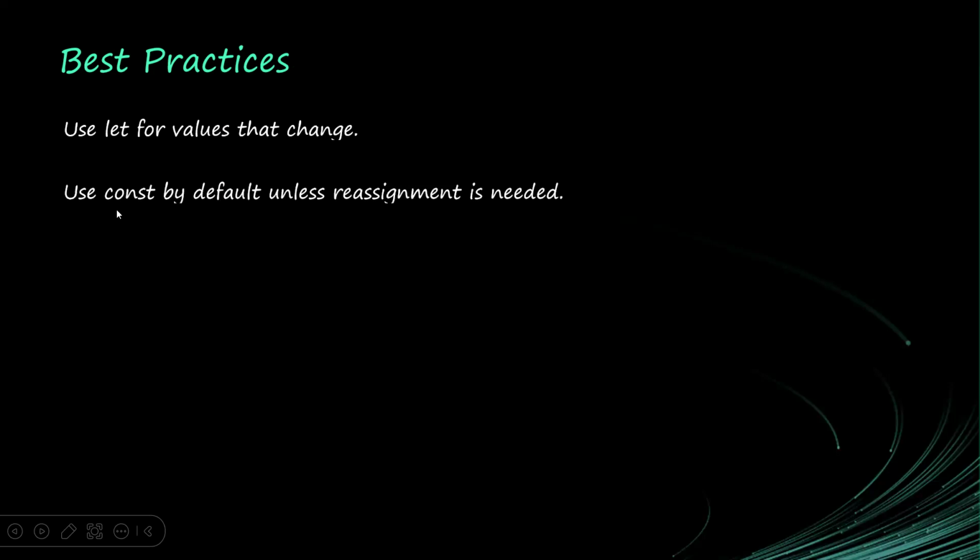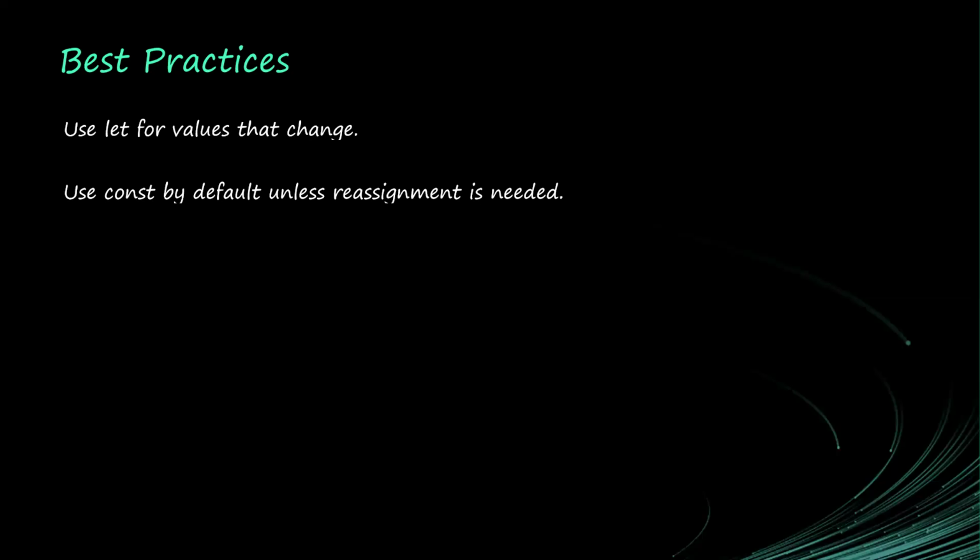Okay? So best practices, use let for values that would change during your program execution. Use const keyword by default unless reassignment is needed. For me, I always use the const keyword to create my variables.